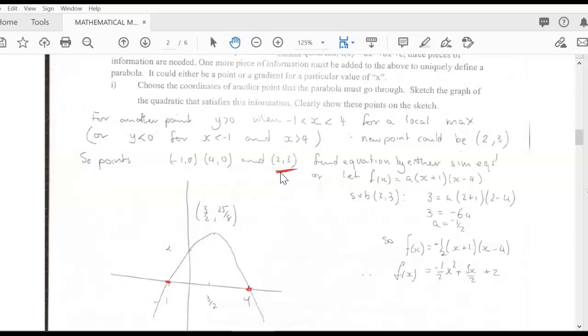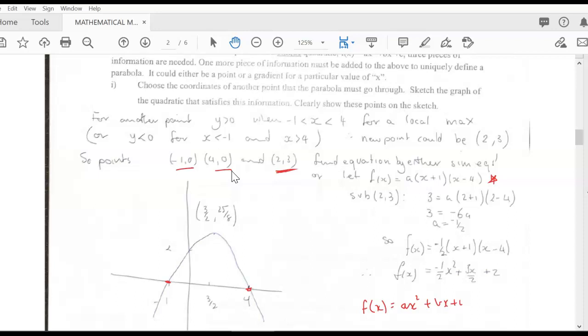But because we know that (-1, 0) and (4, 0) are our x-intercepts, we can use the factorized form, which is a little bit easier. If you didn't have these, you would have to use 3 equations in polynomial form. What I mean by polynomial form is ax squared plus bx plus c, and then you'll just substitute in the 3 points. But we don't need to do that because our 2 points are our x-intercepts.